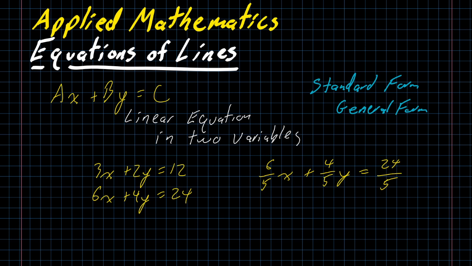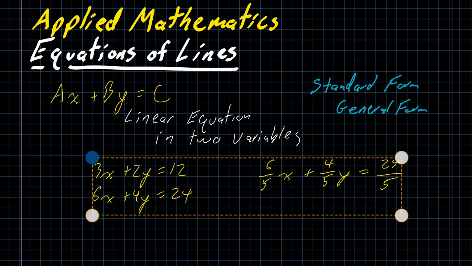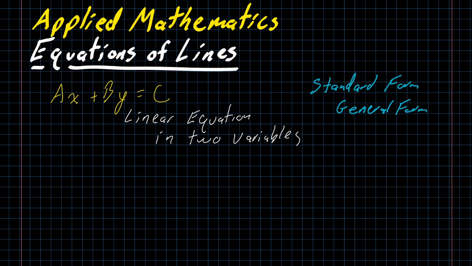All of these are perfectly valid ways of writing the exact same equation in standard form. So, standard form, terrible. We don't like it. We choose not to use it when we can avoid it.